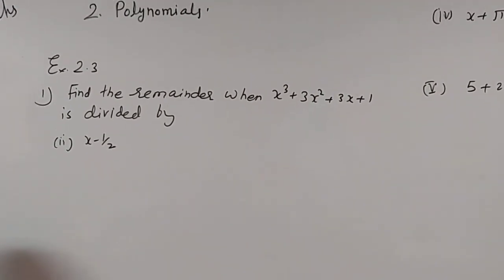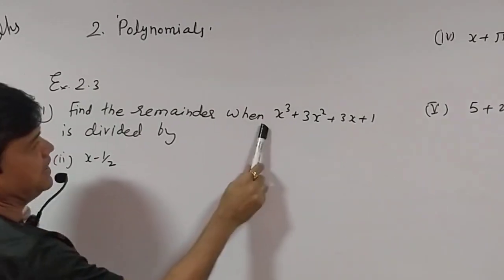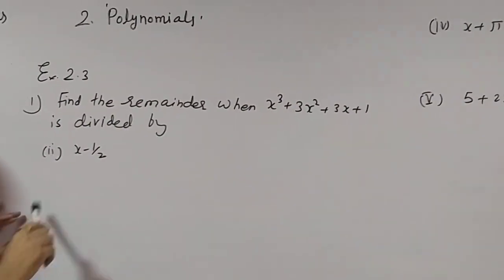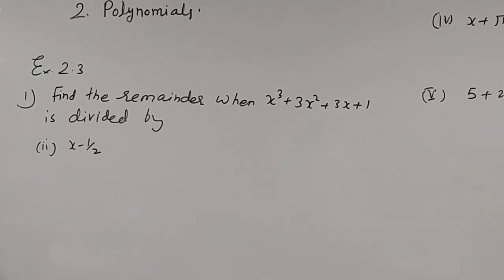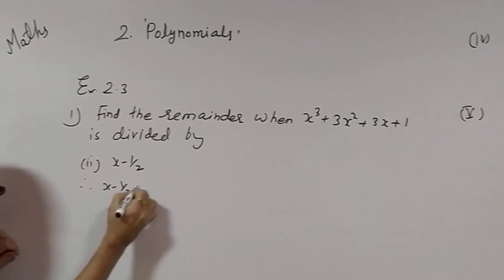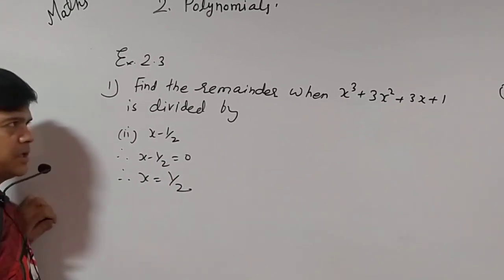Now exercise 2.3: find the remainder when x cube plus 3x square plus 3x plus 1 is divided by the following. First, by x minus 1 by 2. Then x minus 1 by 2 is 0, therefore x is equal to 1 by 2.